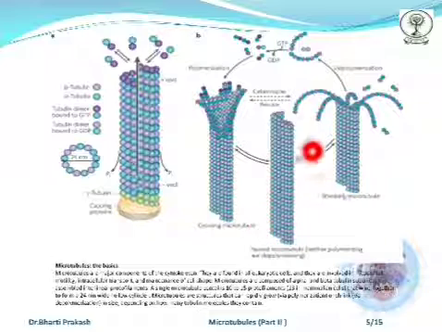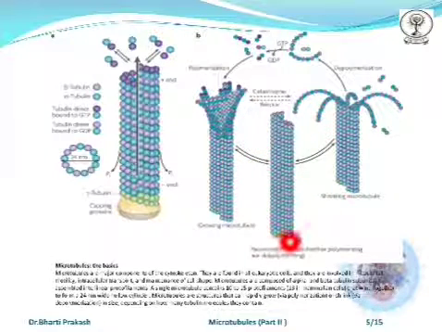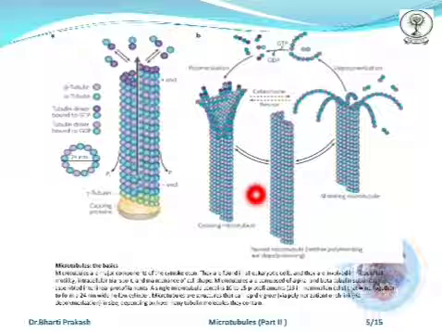Whereas this center stage is the paused microtubule where neither is it polymerizing nor depolymerizing. So in this picture we can easily understand the assembly and disassembly of the microtubules.